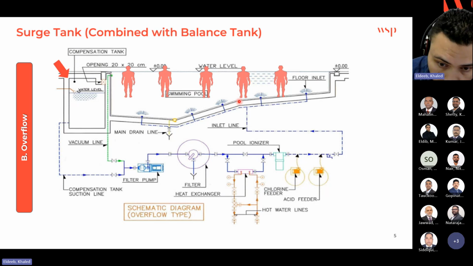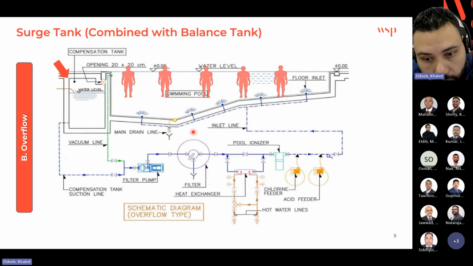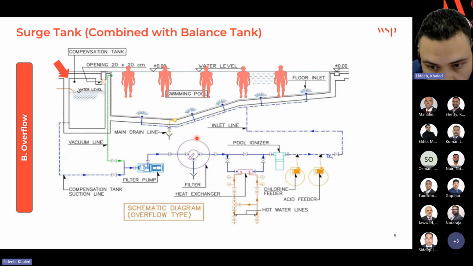Also, we use it to compensate the water losses, because it balances the water level by compensating the losses due to evaporation or splash out, and also the filter backwash that we explained previously in the filter session.